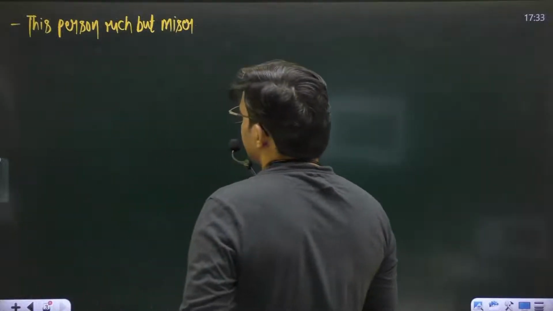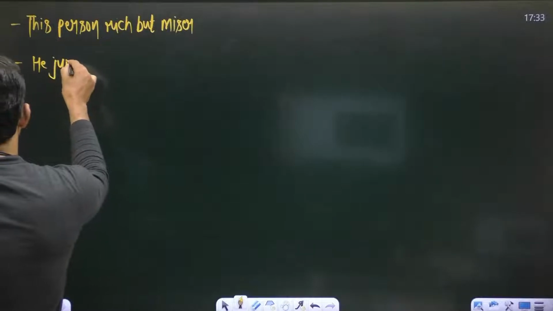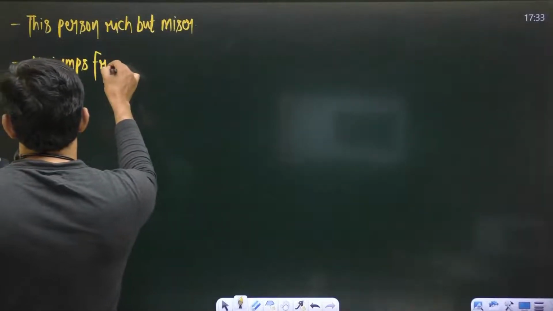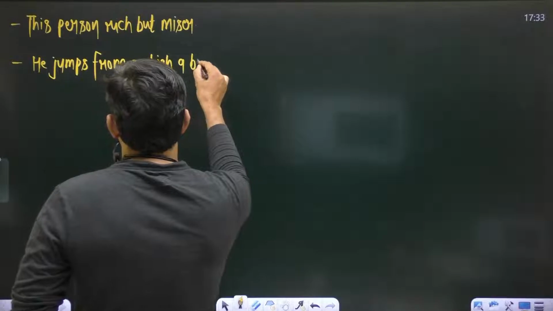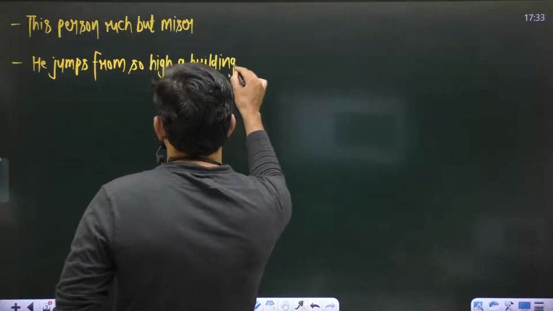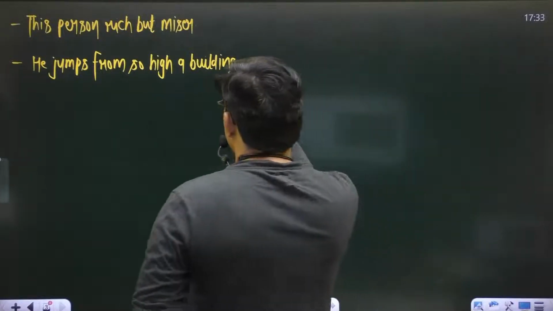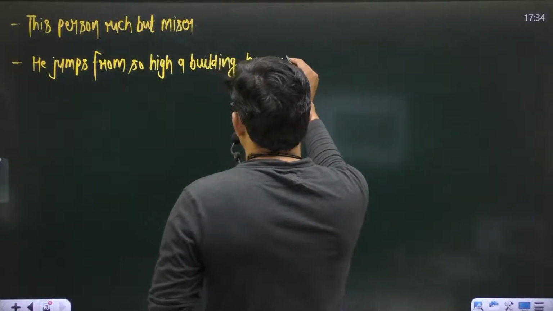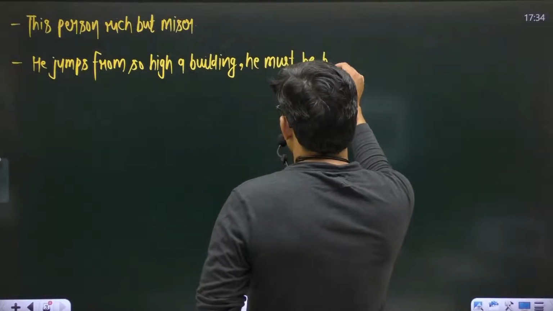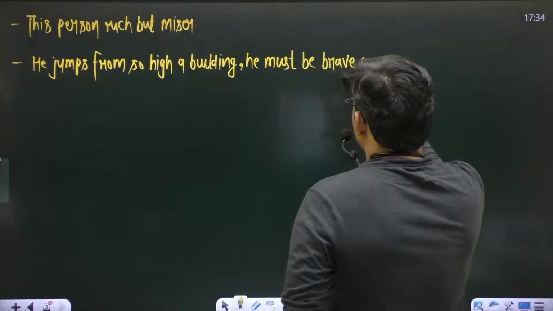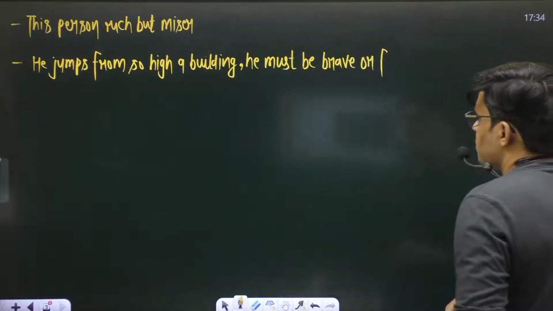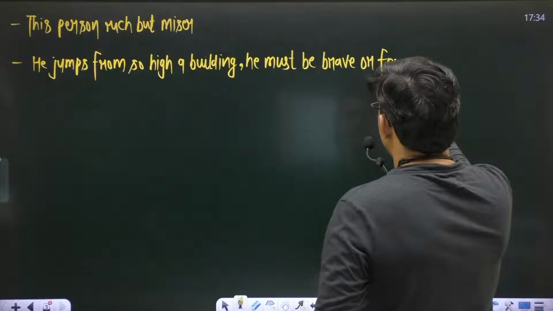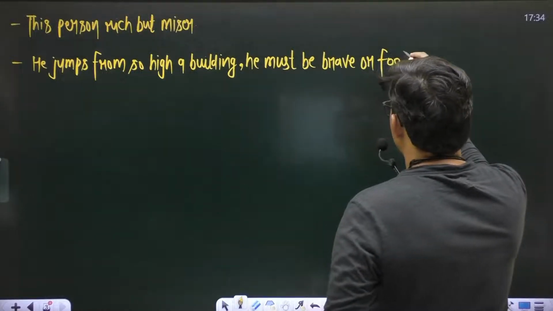First sentence: this person is rich but miser. Second sentence: he jumps from so high a building, he must be brave or fool.